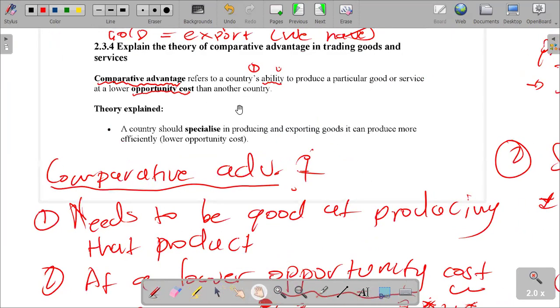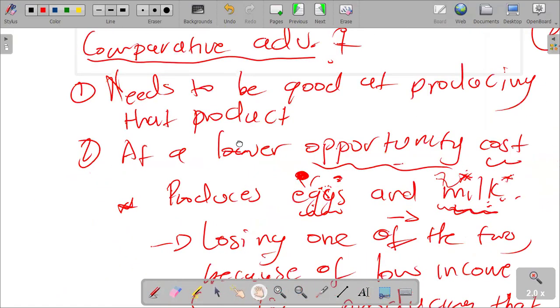So what is comparative advantage? It refers to a country's ability to produce a particular good or service. They must be good at it at a lower opportunity cost than another country.